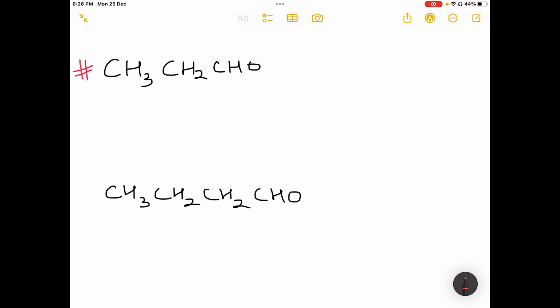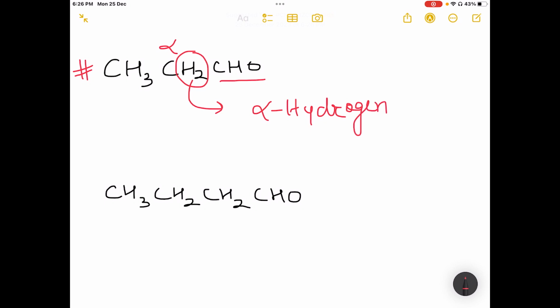Like in this example, CHO, a functional group. Carbon next to the functional group is alpha carbon, and these are alpha hydrogens. So in this compound we have two alpha hydrogens here. Let's switch to the next example. Again the concept is the same.